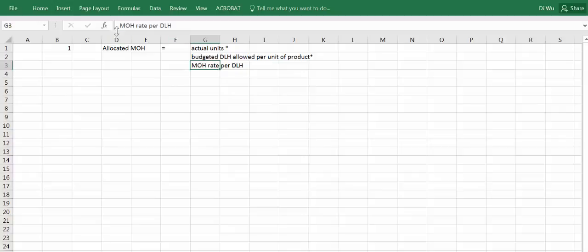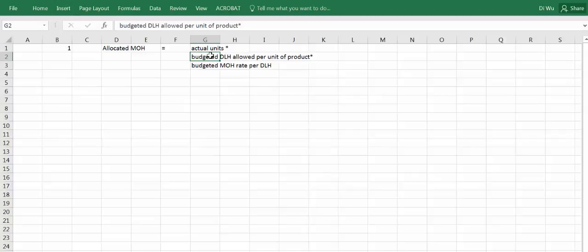For this one, I would also call that the budgeted. You can see that there's only one actual here, the number of units manufactured, and this is the budgeted rate that we have. That's how we journalize these manufacturing overhead costs.